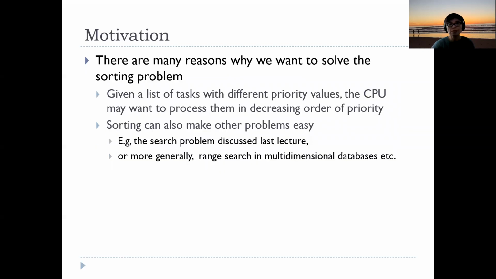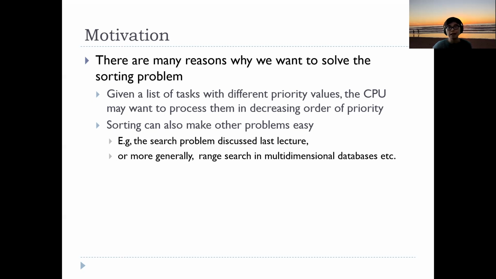Sorting in some sense is by far one of the most well-studied problems and is used very commonly in many applications. There are many reasons why we want to solve the sorting problem.